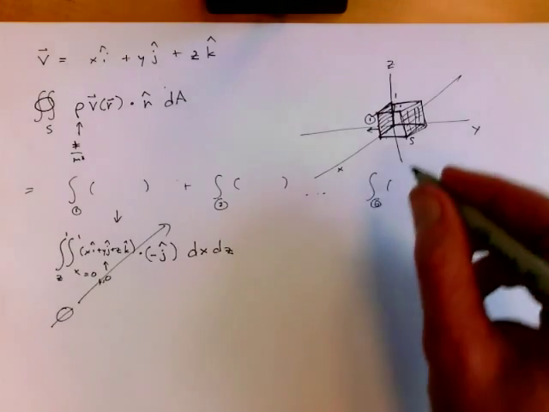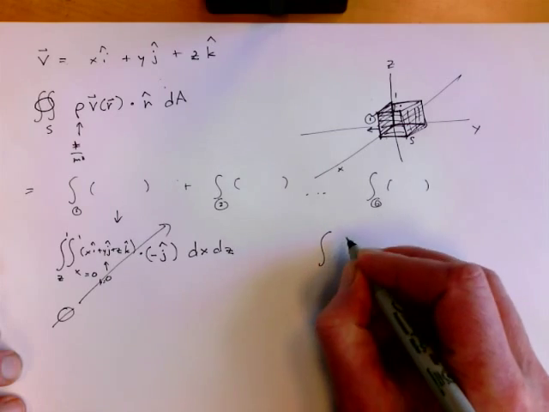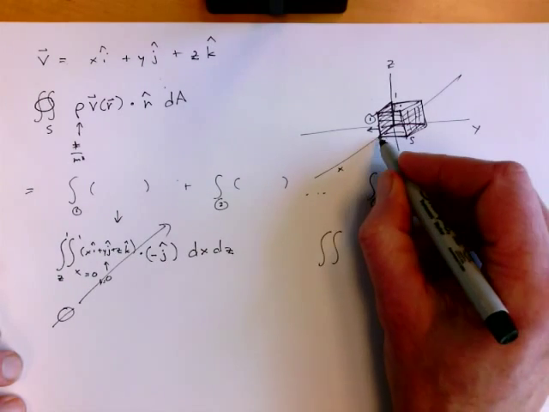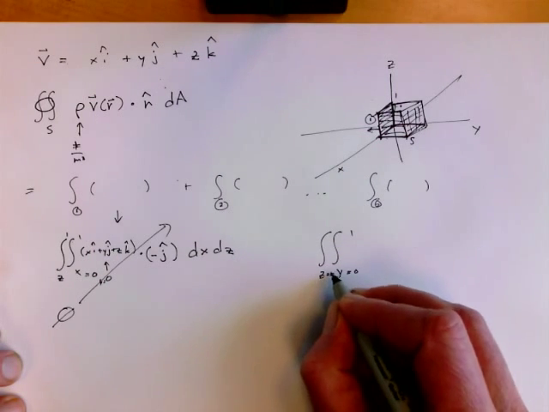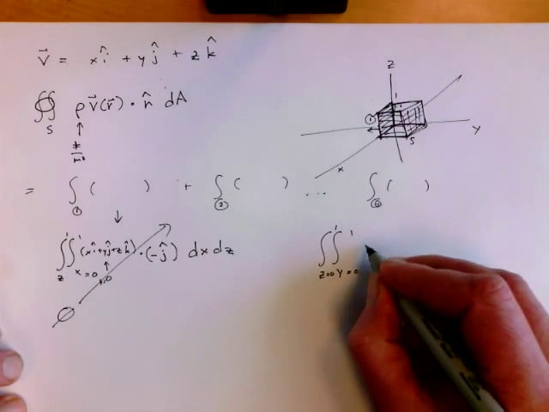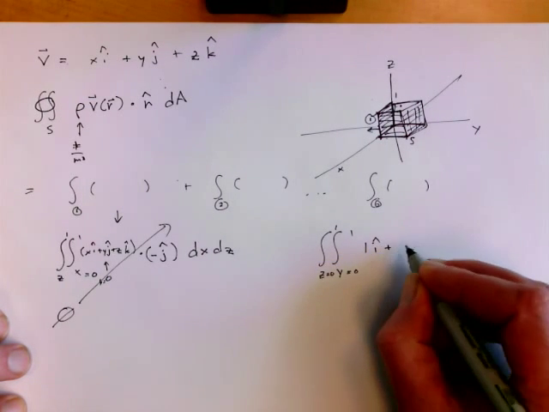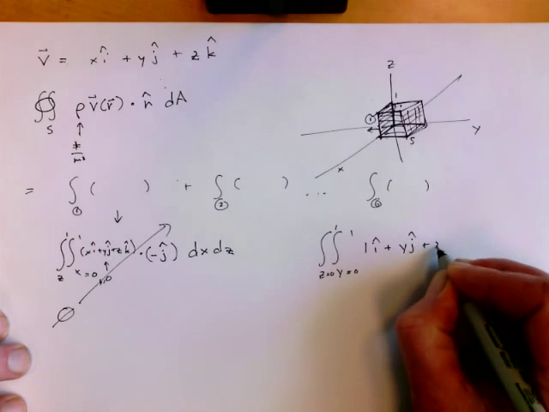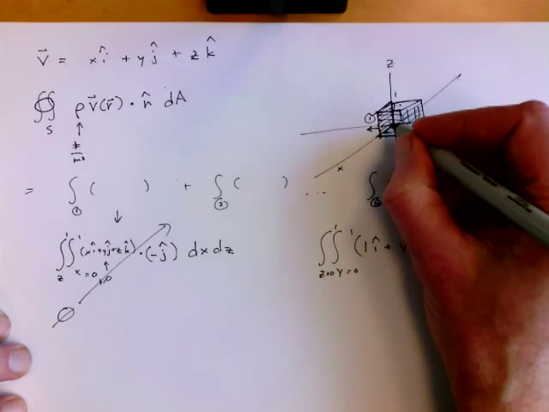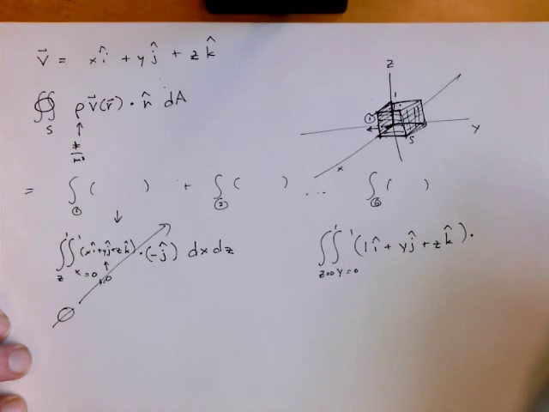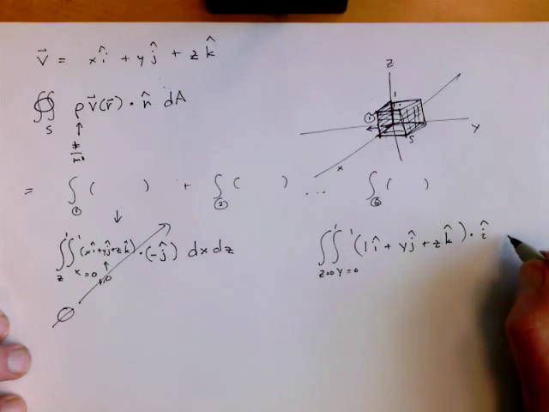So I'm down to 3 fluxes that I have to deal with. I need to deal with the flux on this face, which will be the double integral from, let's see, I'm going to run from y equals 0 to 1 and from z equals 0 to 1. So I've got x, which is going to be 1 times i hat, plus y times j hat plus z times k hat, right? All dotted with the normal vector for that surface, which is i hat, going in the positive i hat direction.